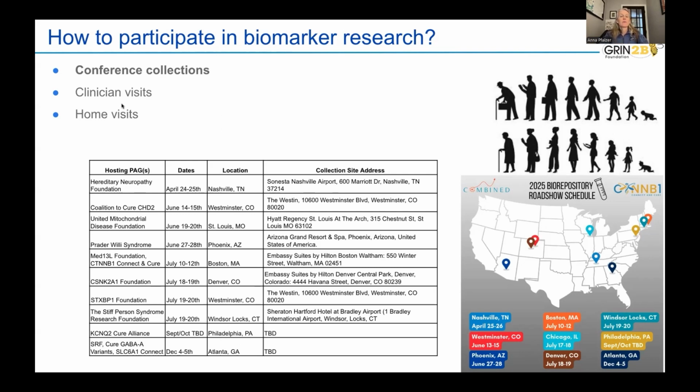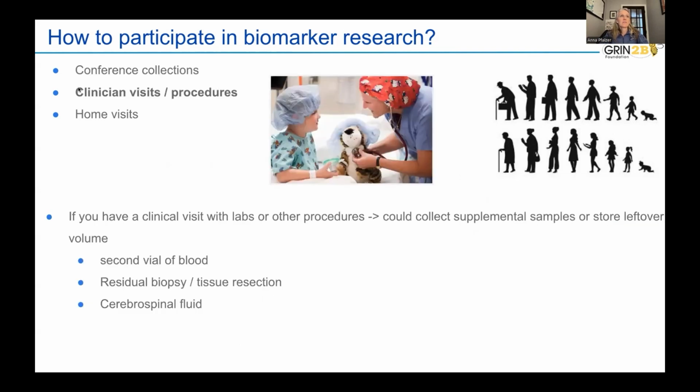The second way to participate in biomarker research is, like I said, in tandem, in collection with clinical visits or clinical procedures. So this is, if you have any clinical visit that has labs that need to be drawn, let's say, for example, your child changed medications and you have to have, sort of monthly, semi-monthly, etc. blood draws.